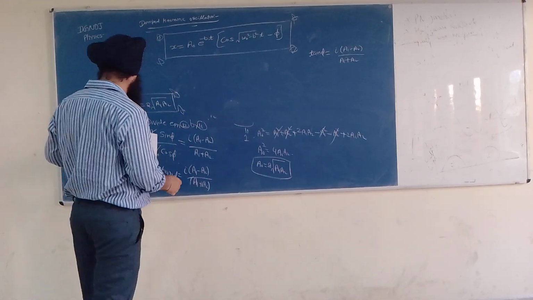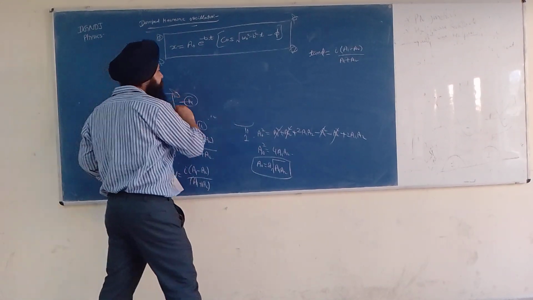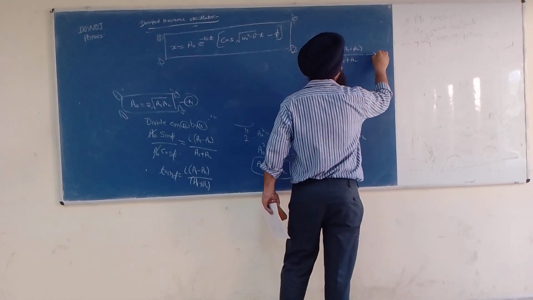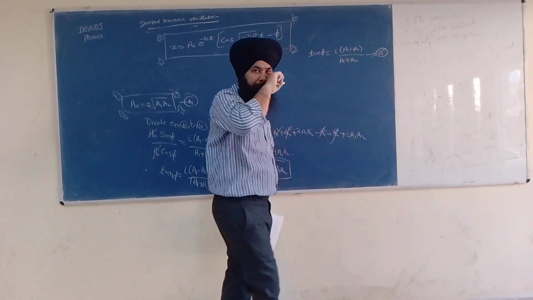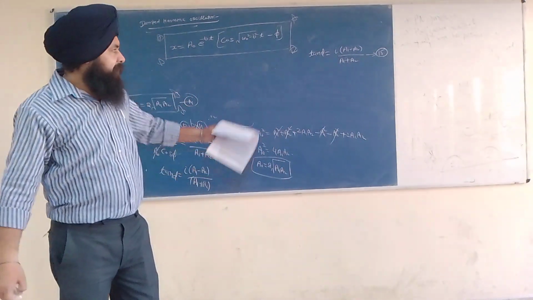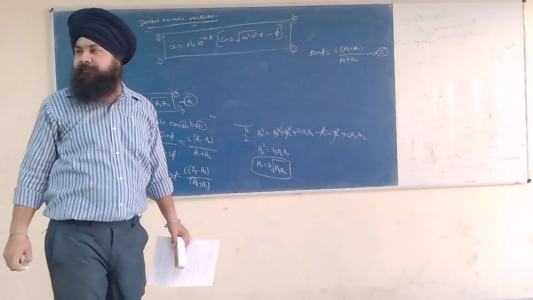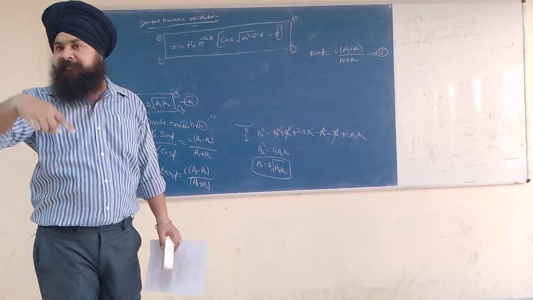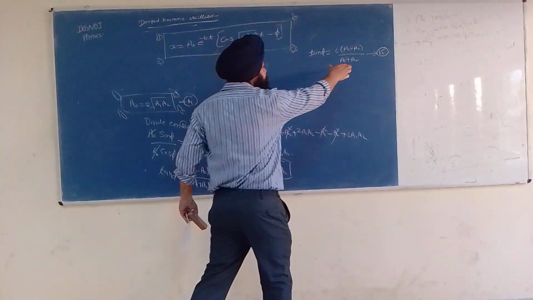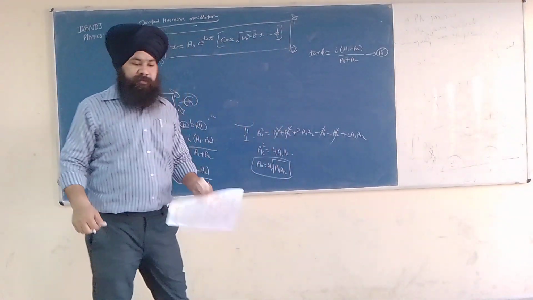Let us say this is equation number 15. From here you can find the value of phi. Phi will be tangent inverse of this term.